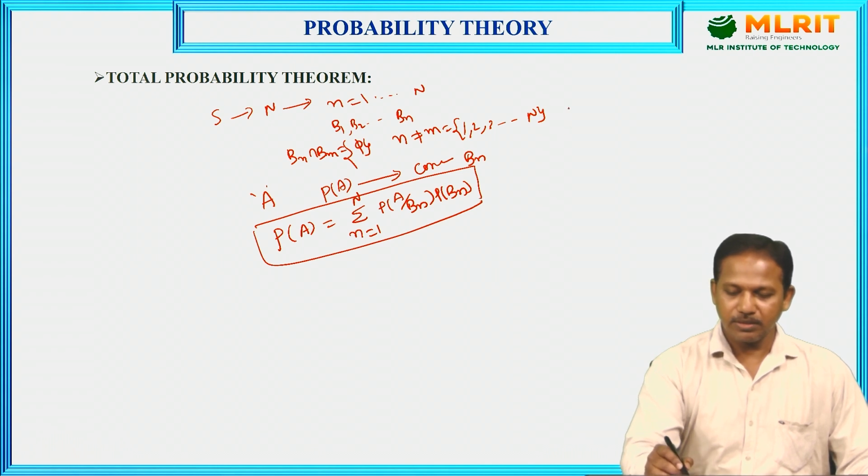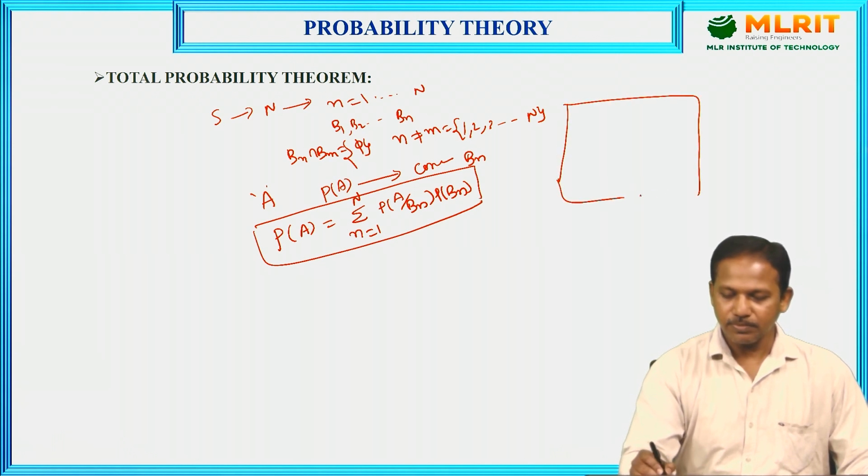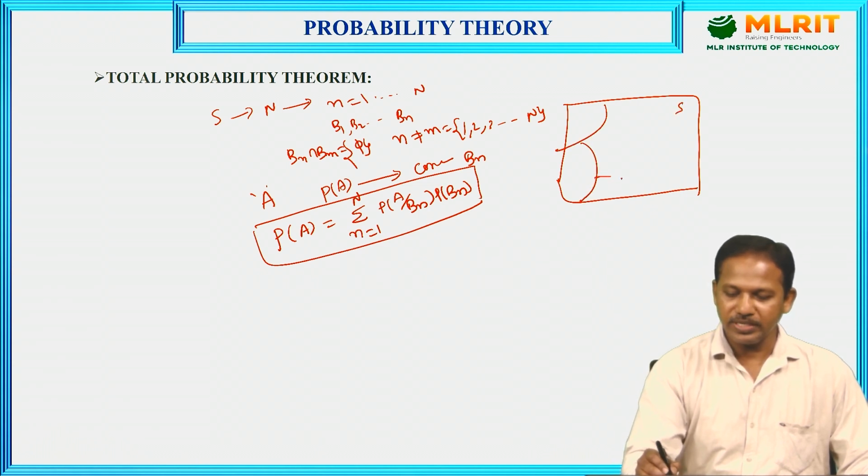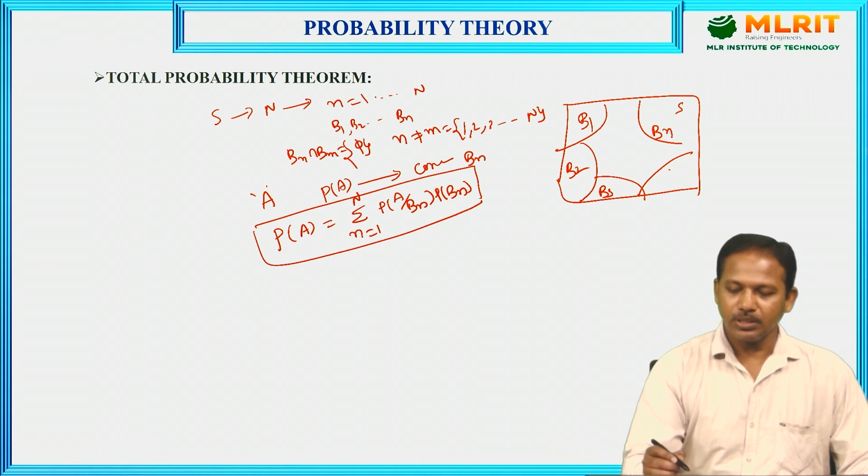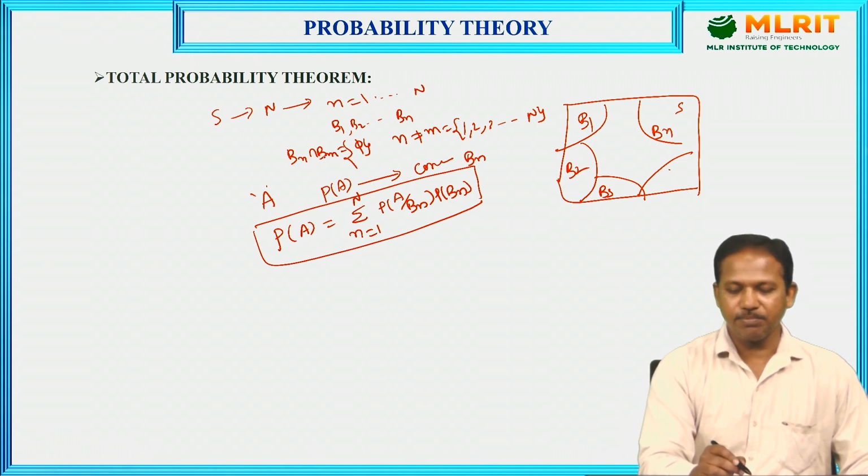See here what I am telling. This is the sample space having n mutually exclusive events, that is B1, B2, B3, and so on to Bn, and all these are mutually exclusive, that is Bm intersection Bn equal to phi.